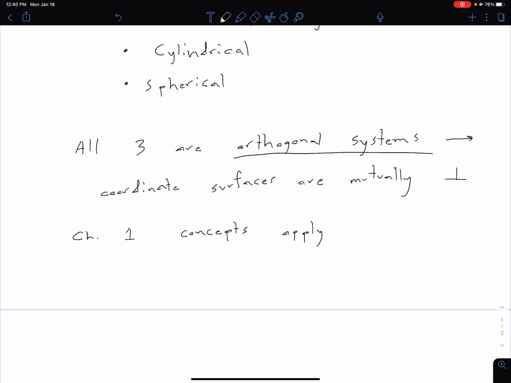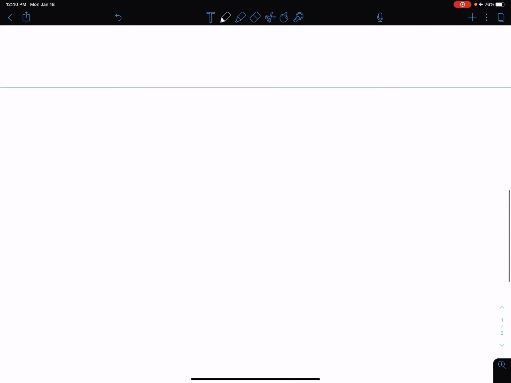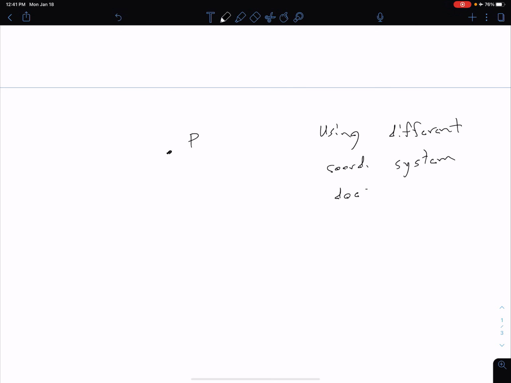One other thing to keep in mind is that if we have some point P out in space, using a different coordinate system doesn't change the location or the properties of that point.